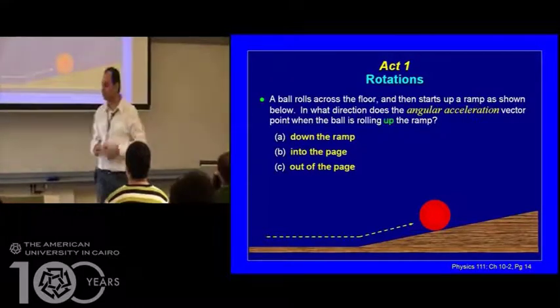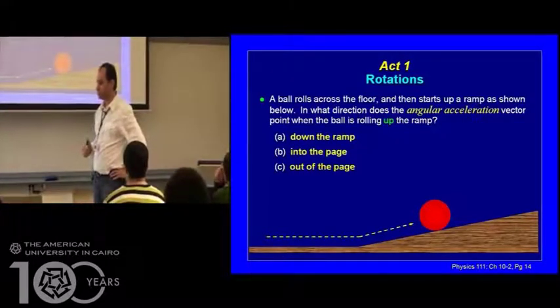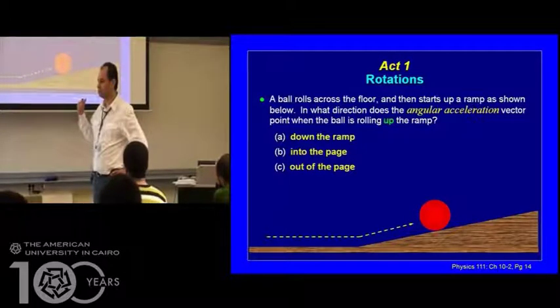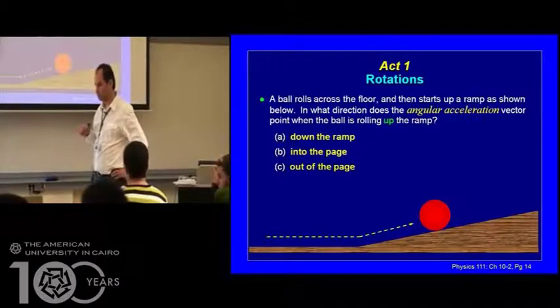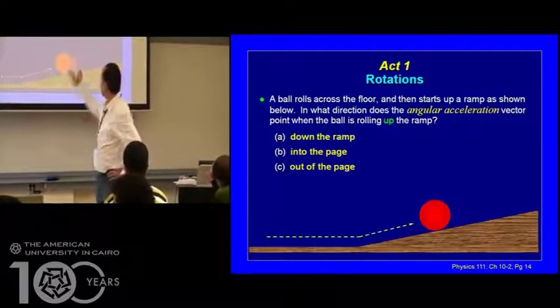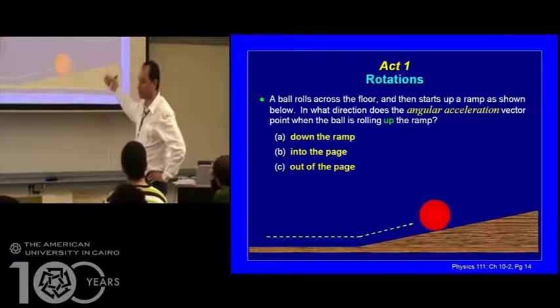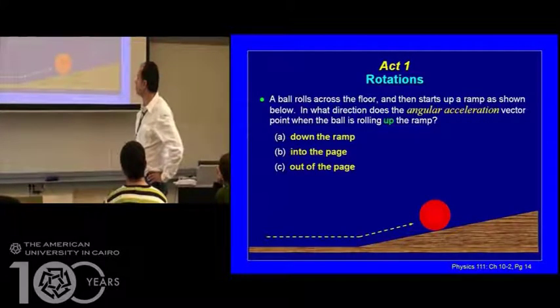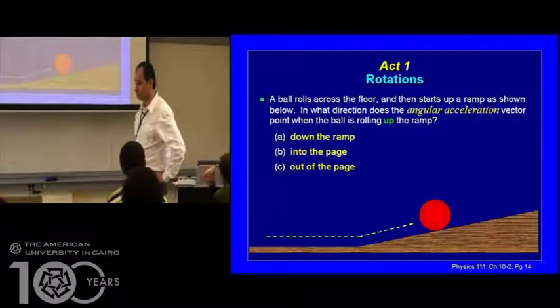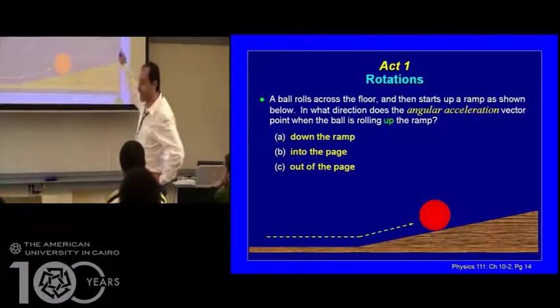The acceleration or the deceleration will be in the opposite direction if the object is slowing down. And then in that specific problem, what will be the direction of the acceleration? It is down the ramp. Out of the page, when we talk about angular acceleration.